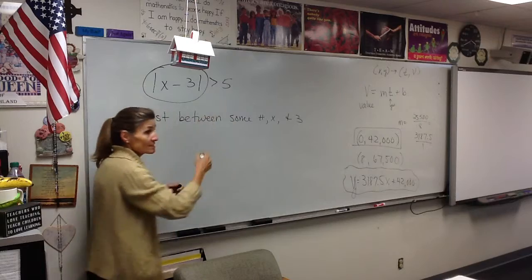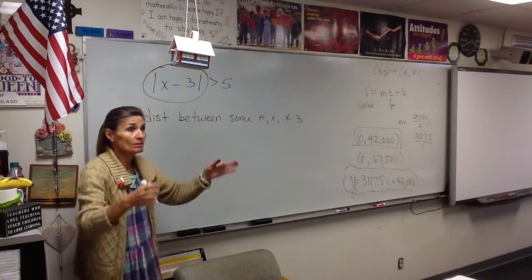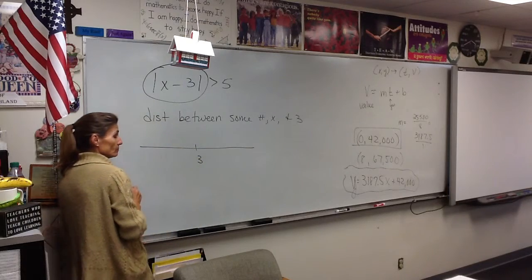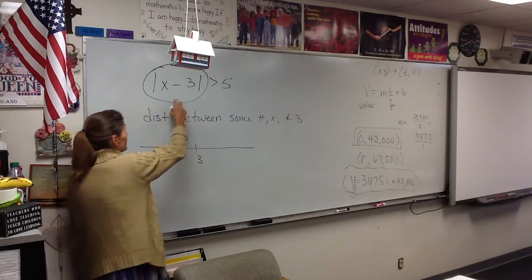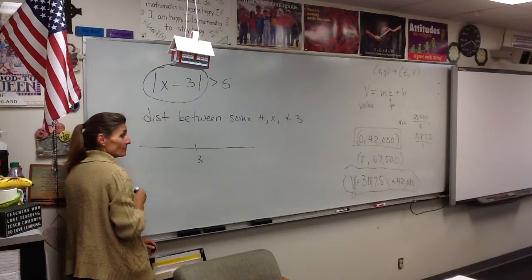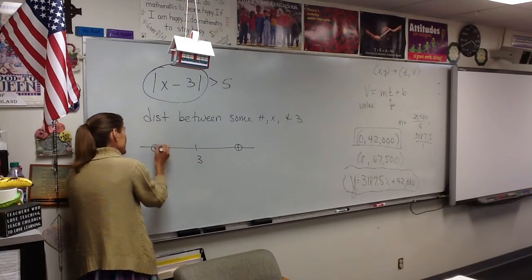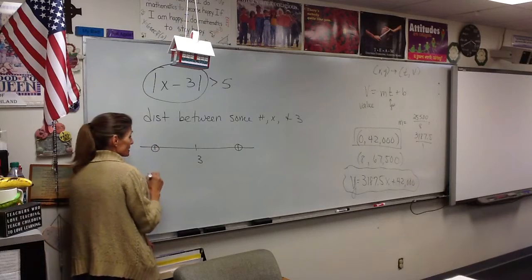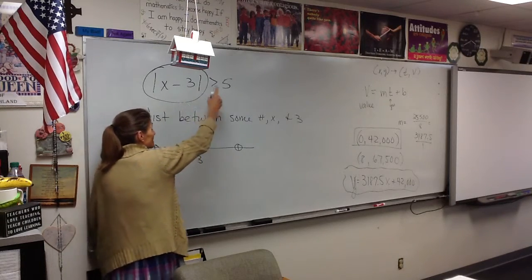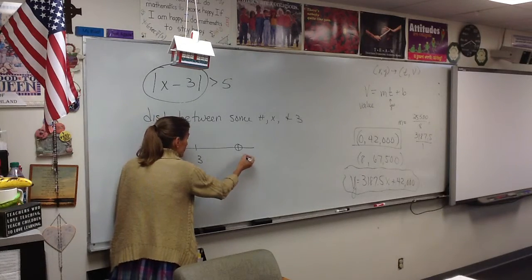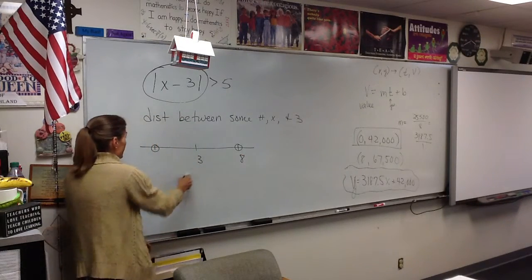Because that's what distance on the number line is. It's absolute value of difference. So here's 3. I want that distance to be 5. So I'm going to come out this way and I'm going to come back this way 5 units. The distance is 5.